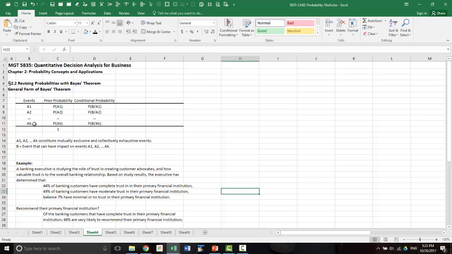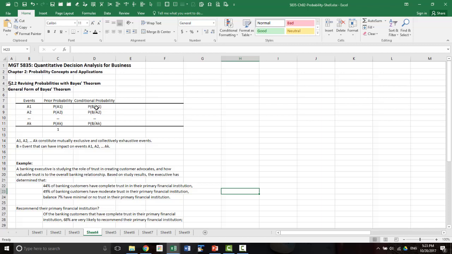For example, let's take an example right now. Say you have an applicant for a mortgage loan. The applicant is a good risk, moderate risk, or bad risk. Now the intervening event could be the credit score, a good credit score or a bad credit score.